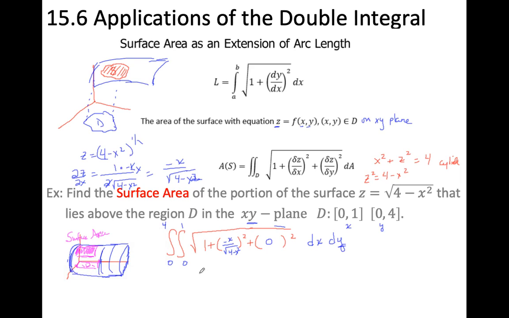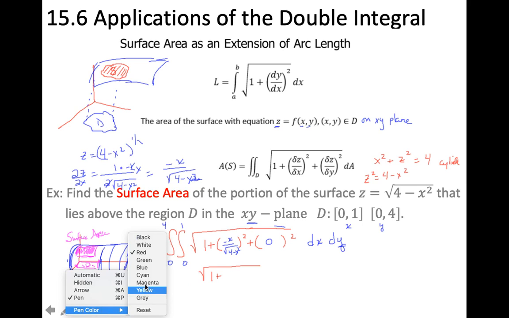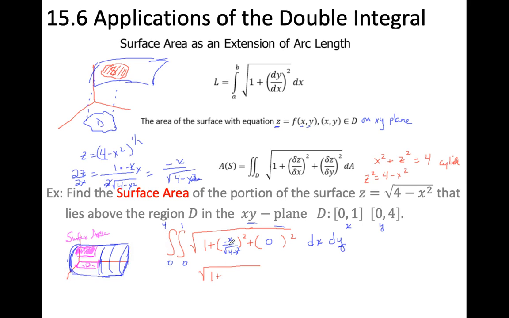So this is here, the square root of 1 plus negative x squared is x squared. And the square root of 4 minus x squared, squared, is 4 minus x squared. But I need to get a common denominator.